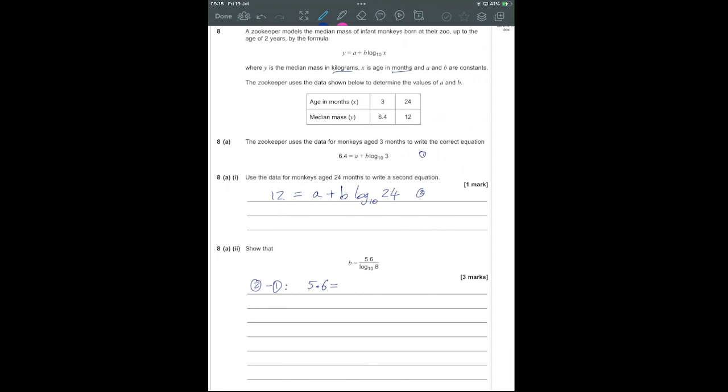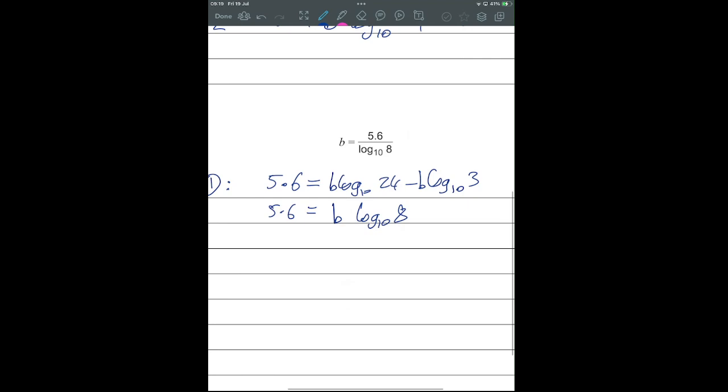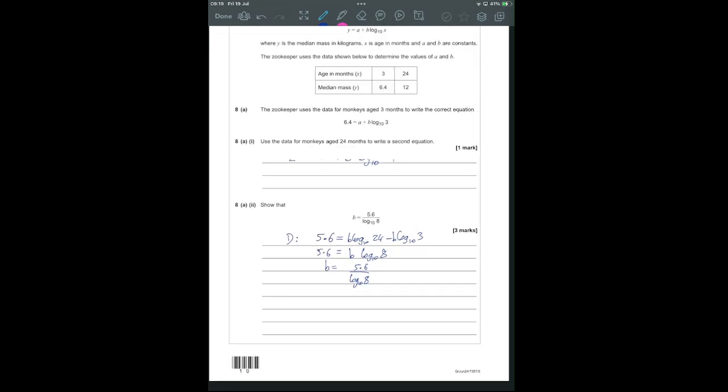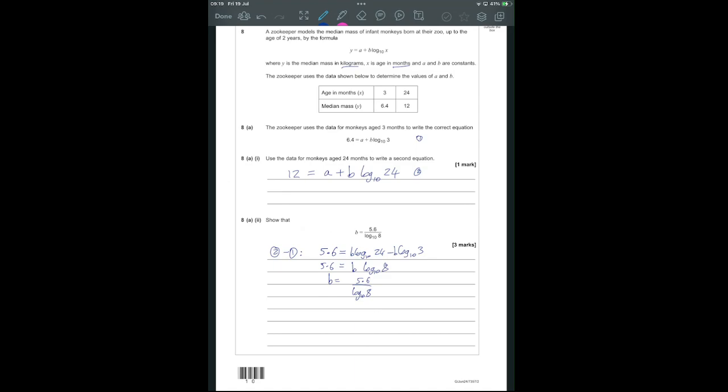The A's cancel, and then I've got log base 10 of 24 subtract log base 10 of 3, with a B in front of both of those. And when we subtract logs, we divide. So that's the 24 over 3. So therefore B is, as they stated, 5.6 over log base 10 of 8.